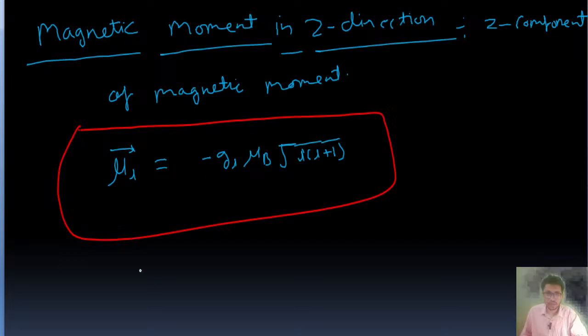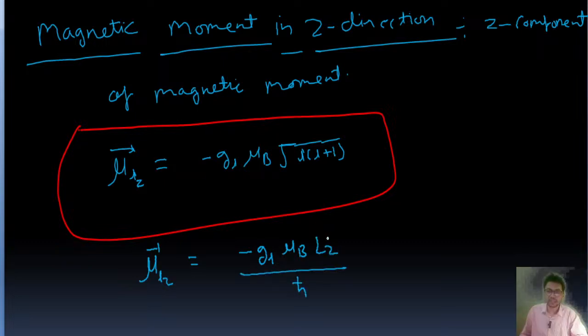Okay, and so from here we can write mu Lz. This is mu Lz, the Z component of magnetic moment, magnetic moment in Z direction. Or we can write mu Lz equal to minus GL mu B, Lz upon H cut, since we are talking about the Z component.